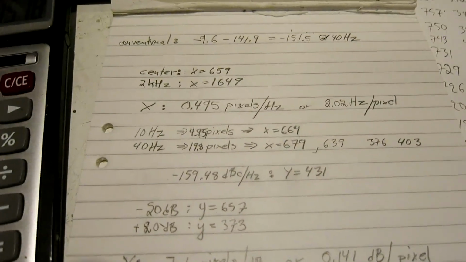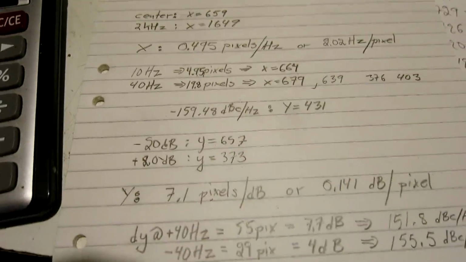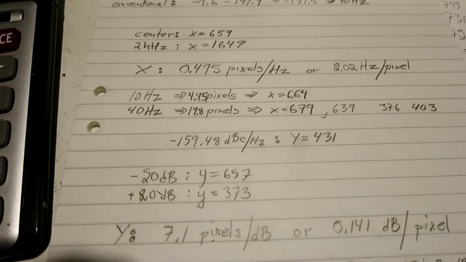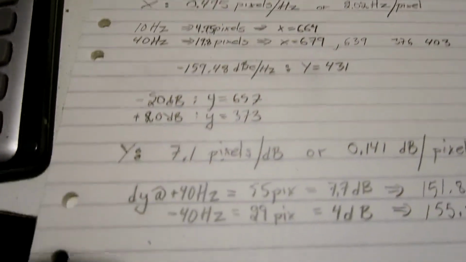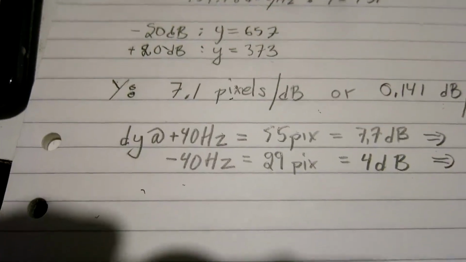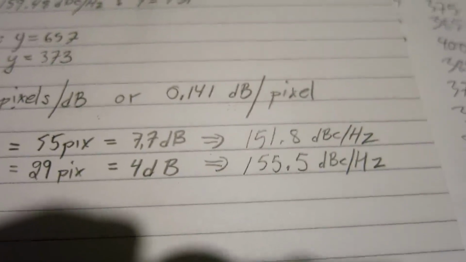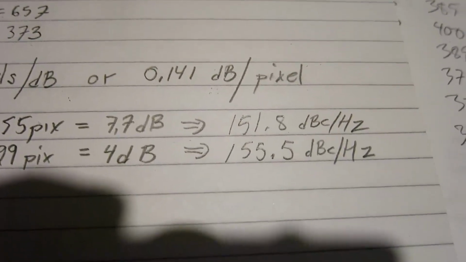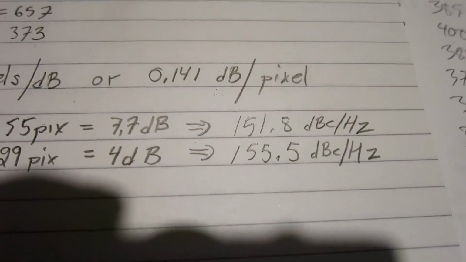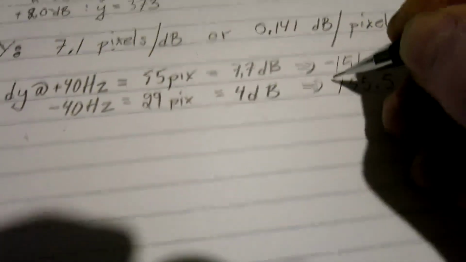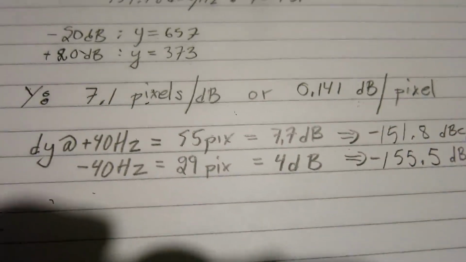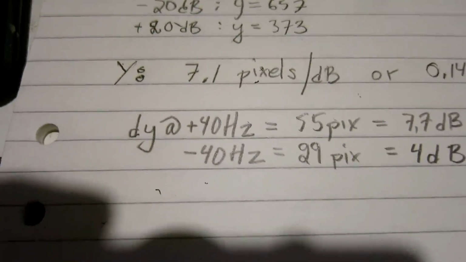So I use these numbers to compute decibels per pixel and hertz per pixel, and then I measure at plus and minus 40 Hertz and arrive at minus 151.8 and minus 155.5 dBc per Hertz on plus and minus side.